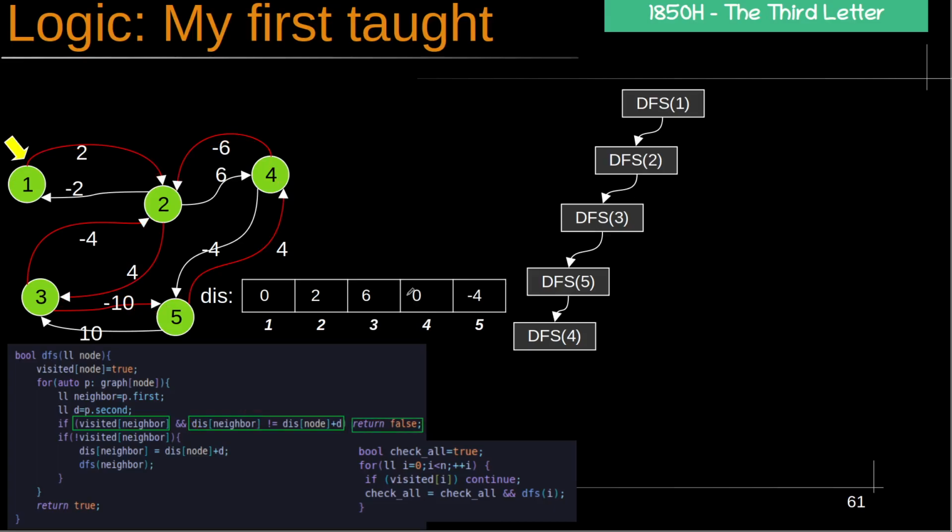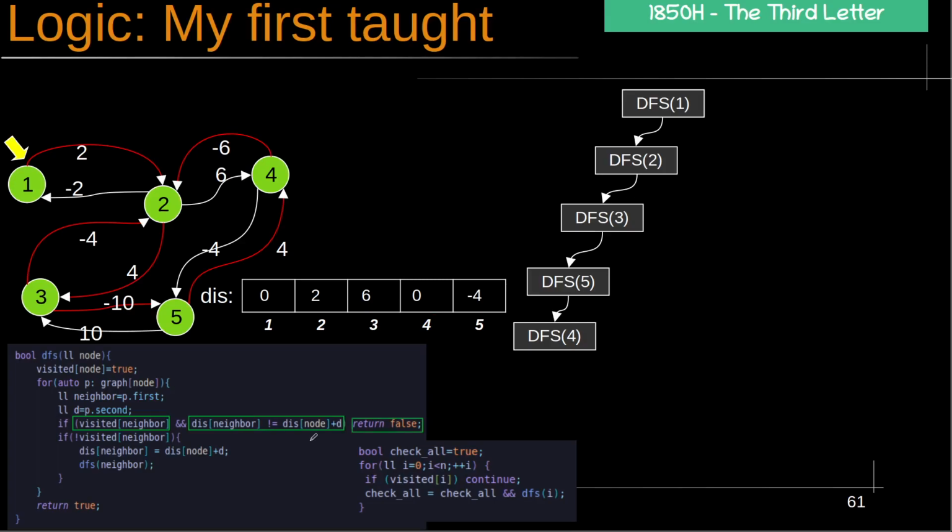Here, the distances are not the same because we can check together the distance of the neighbor 2, it's 2, and this is from node 4, the distance at 4 is 0, plus the weight from 4 to 2, which is minus 6, so this is minus 6. 2 is different from minus 6, okay?